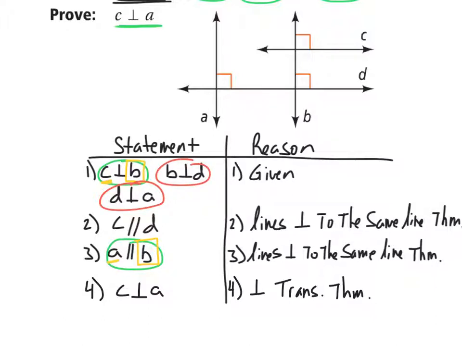We did not need to use that C was parallel to D at all. So that should not be in our proof. Now that we know it, we should go back and erase it. For your notes, I would like you just to cross it out. But on a test or quiz or homework, if it's a step that's not actually needed in the proof, get rid of it. It is not a needed step.